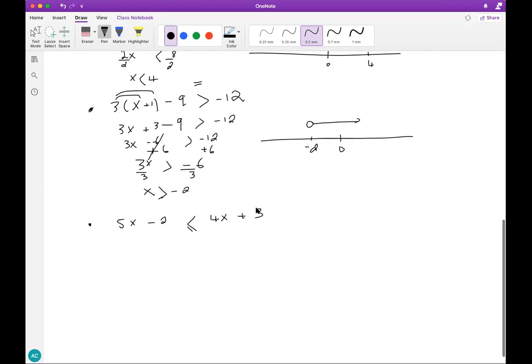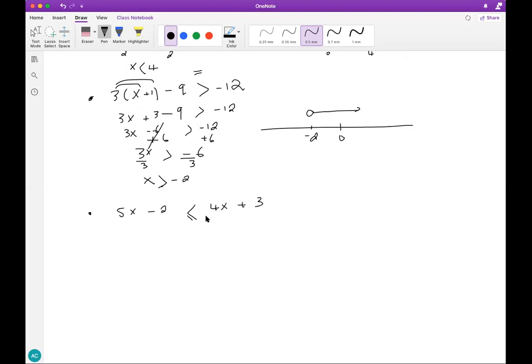You may have variables and numbers on both sides of the inequality. But again, the steps are the same. So what do you think we do here to isolate the x, to solve the x?